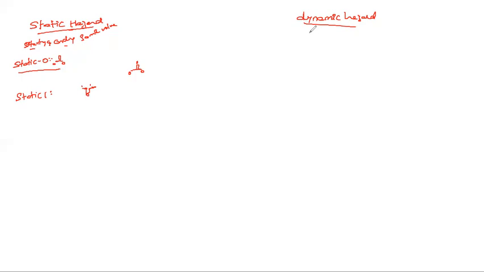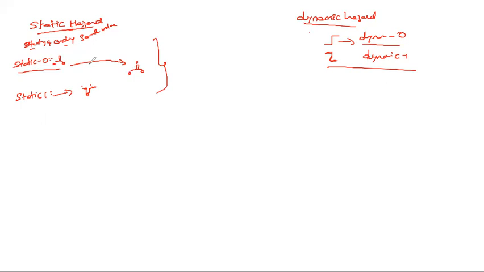Dynamic is where the starting and final values are different. Instead of 0 we get 1, instead of 1 we get 0. So this is dynamic hazard 0, and this is dynamic hazard 1. Mostly static 0 and static 1 hazards occur in SOP and POS notations.